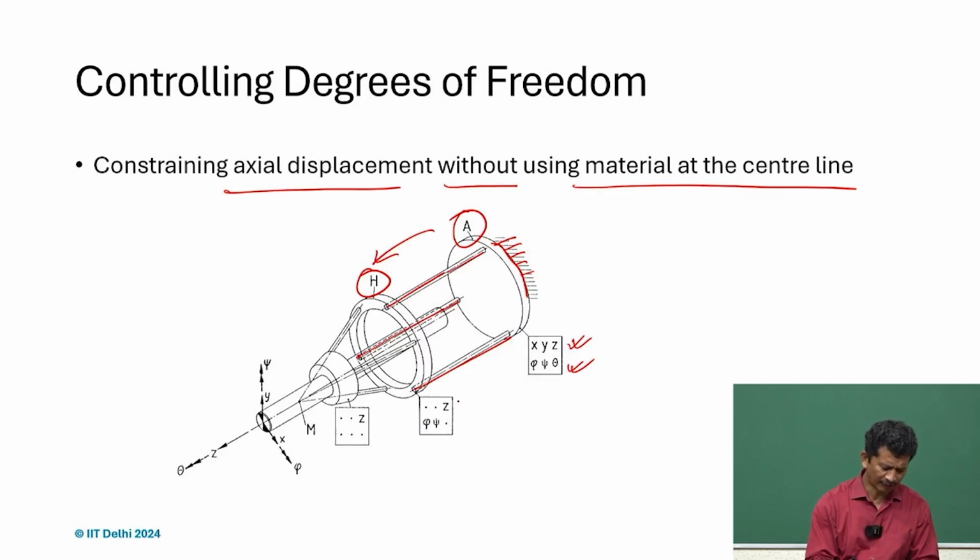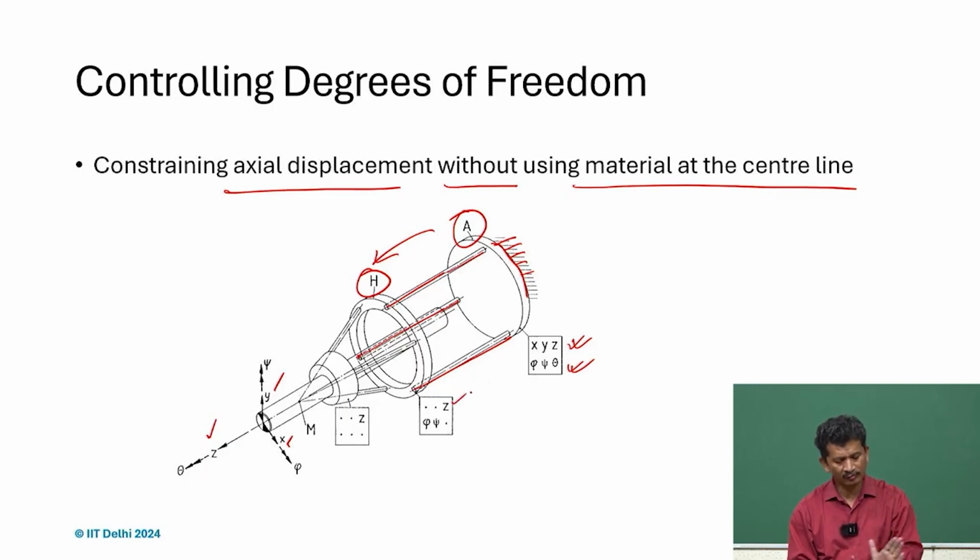So this is the frame we are talking about, x, y, z. So z will be constrained because it cannot go out of the plane defined by h, and the 2 out of plane rotations. So these 3 are still constrained.